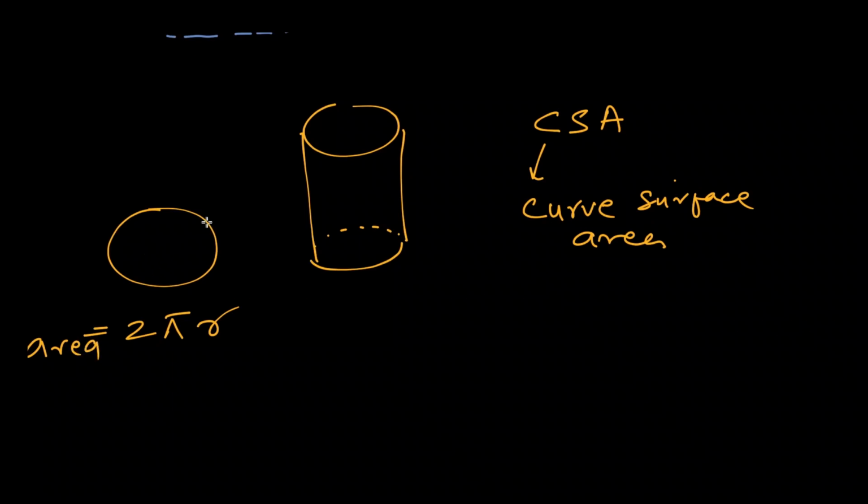Now, what makes the difference between this shape and this shape? This is also a circle, the bottom circle, but it was a 2D shape, and this is a 3D shape because it has a height. So if you take two circles exactly on top of each other at a height of h, this is going to be a cylinder, which is a 3D shape.